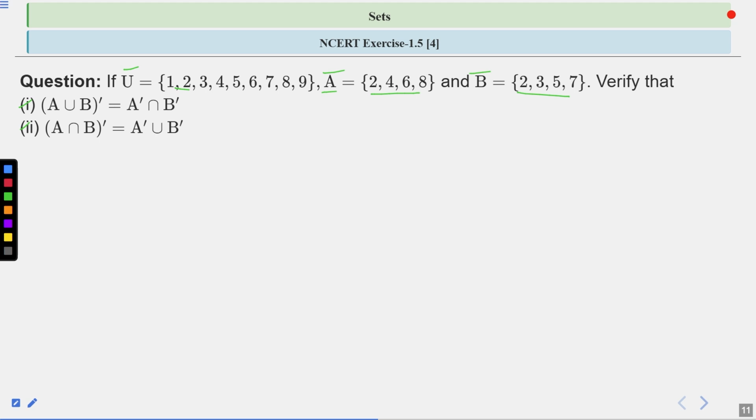In the second, the complement of A intersection B is equal to A complement union B complement. I hope you recall the name for them. What is the name for these laws or properties? We have seen a Venn diagram proof for these two also.